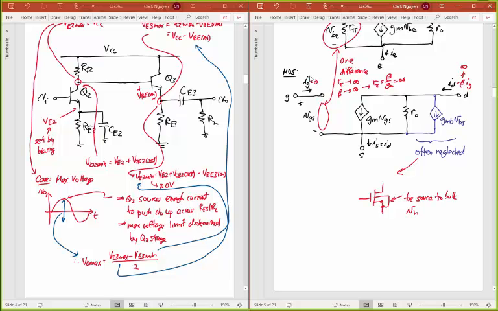If I do this, then I make that VBS voltage equal to 0 volts. And in this case, it gets rid of GMB. It means GMB is not relevant, and so we can neglect it. So anytime we tie our source to our bulk, we can neglect GMB.